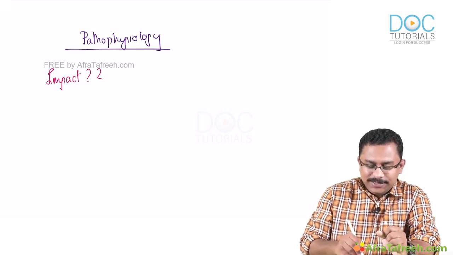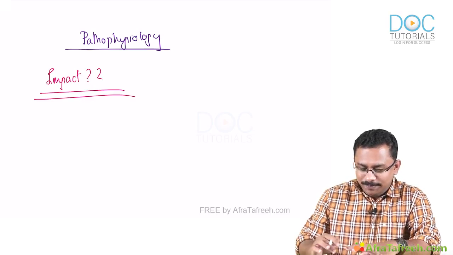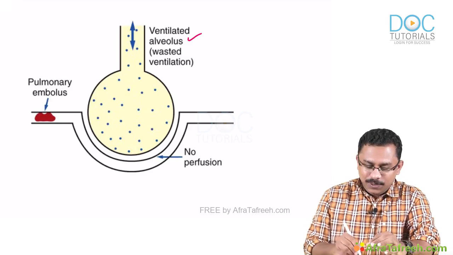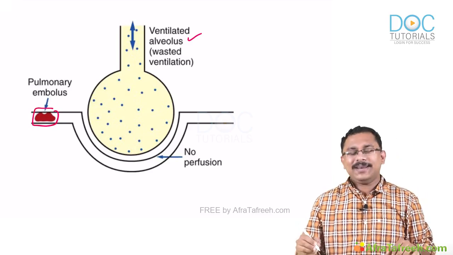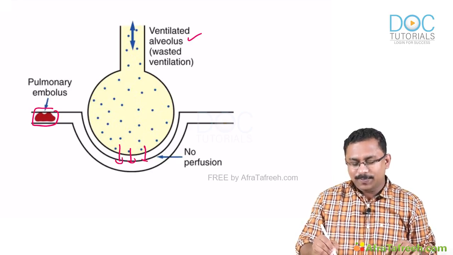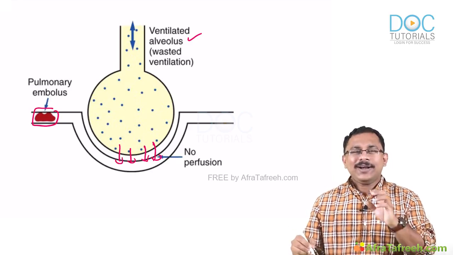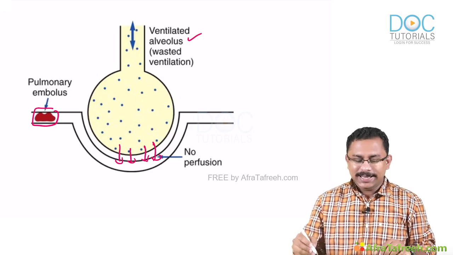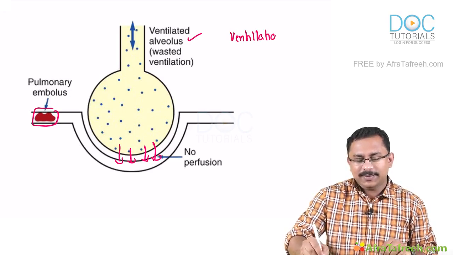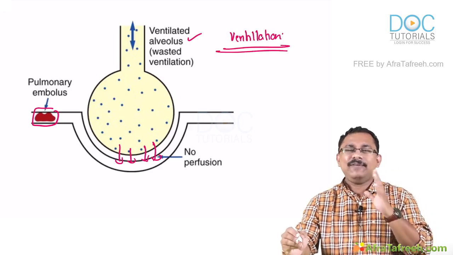I'll just show you a picture. We're going to learn the impact. You see here, this is the alveoli. You have a clot in your pulmonary artery, and this is where normally the gas exchange should take place. Now what happens in a pulmonary embolism: is there any problem with the normal ventilation, because the airways are perfectly fine, correct?